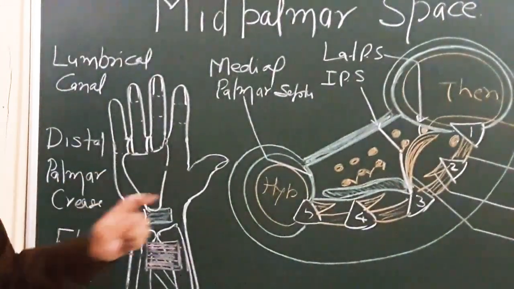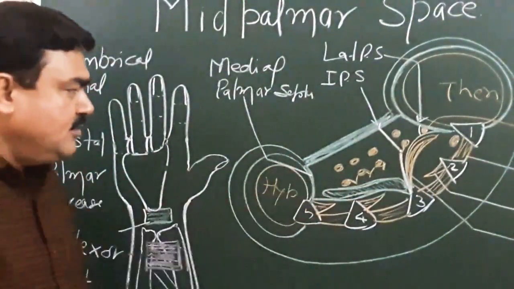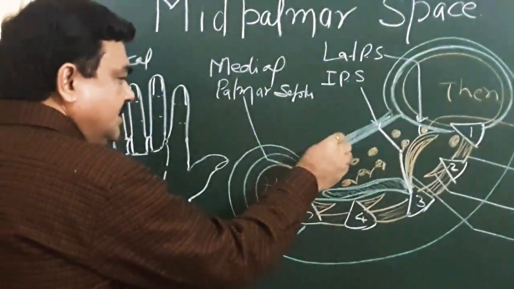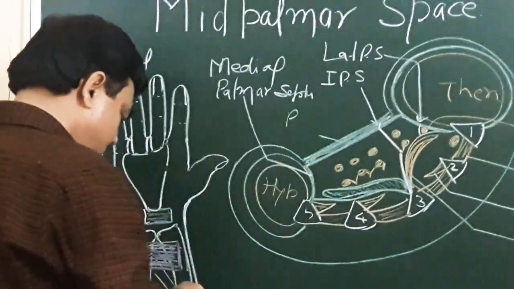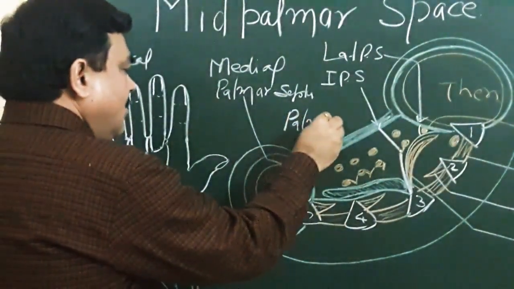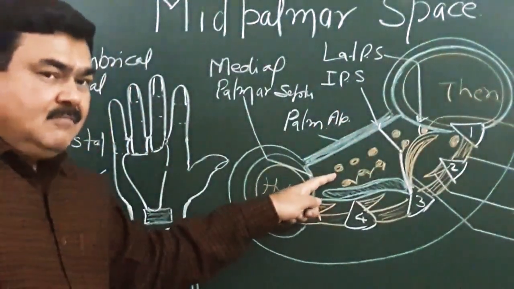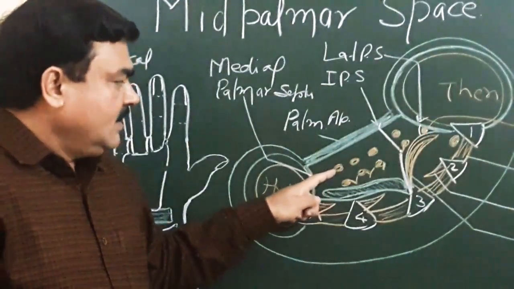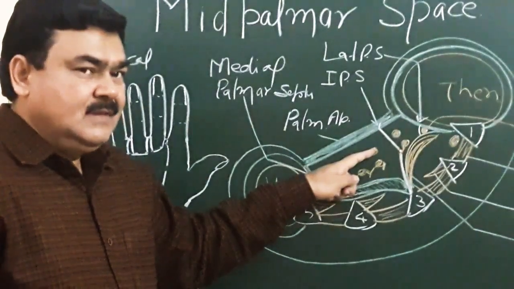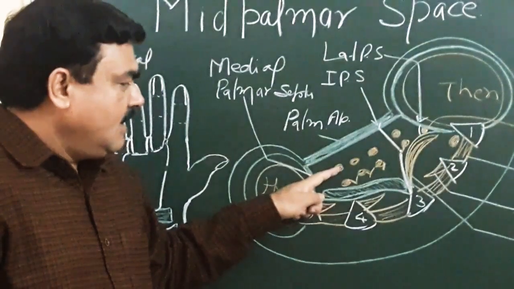Now the boundaries of this mid-palmar space. Anteriorly it is bounded by the palmar aponeurosis, then the long flexor tendons for the middle finger, ring finger, and little finger.